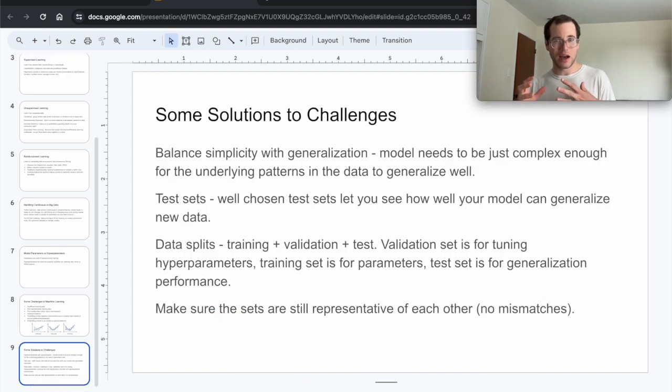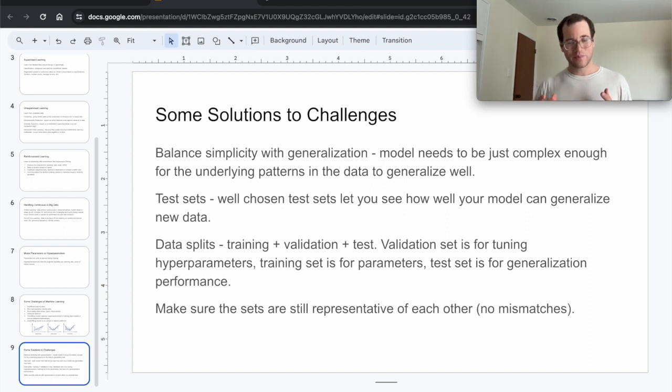In terms of solutions to these problems, it's really coming down to the machine learning engineer to balance the simplicity of your model with generalization. So we want to be able to generalize well enough from a simple model, and that is far easier said than done.